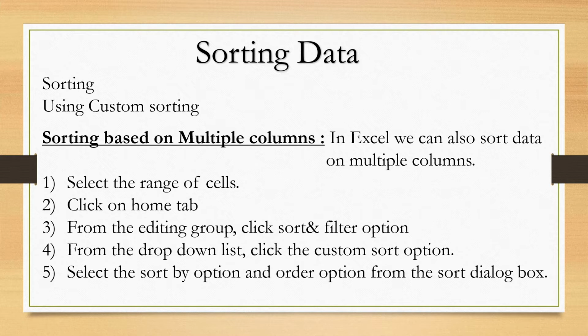That is the option which we have to select for sorting data based on multiple columns. The next step is to select the Sort by option and order option from the Sort dialog box. This option you have also seen in the previous session using custom sorting.